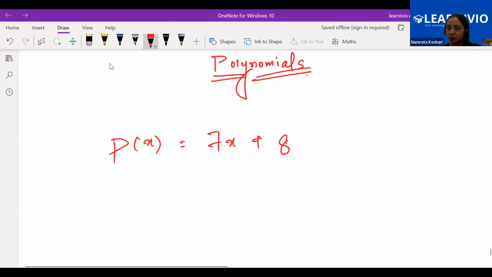Yes, Junaid, you can also tell me, because this is the same chapter which was there in the previous class, and here we are having the continuation of the same chapter, but little bit upgraded formulas and concepts. Can you tell me, Junaid, what is the zero of this polynomial?